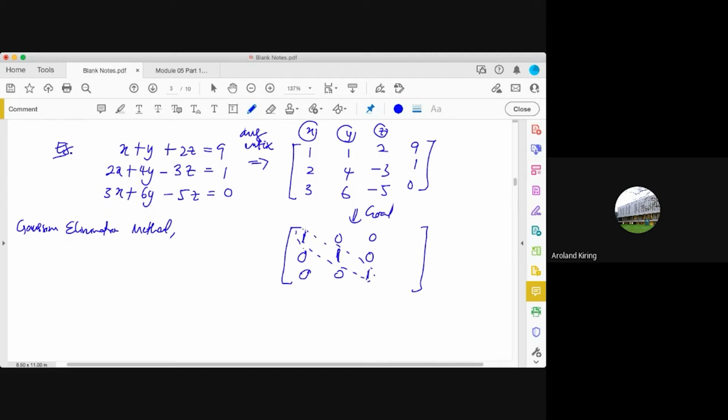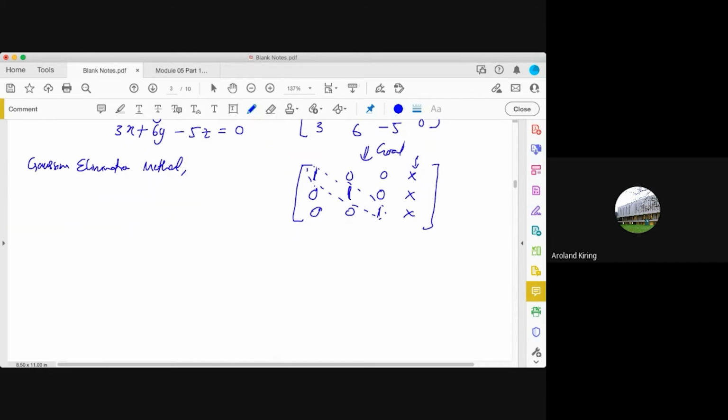So the whole coefficient part of the augmented matrix becomes the identity matrix. That is our goal. Our result would be x here, y here, and z here, which can take any values. This would be the solution to our problem. So how do we perform the Gaussian elimination method?